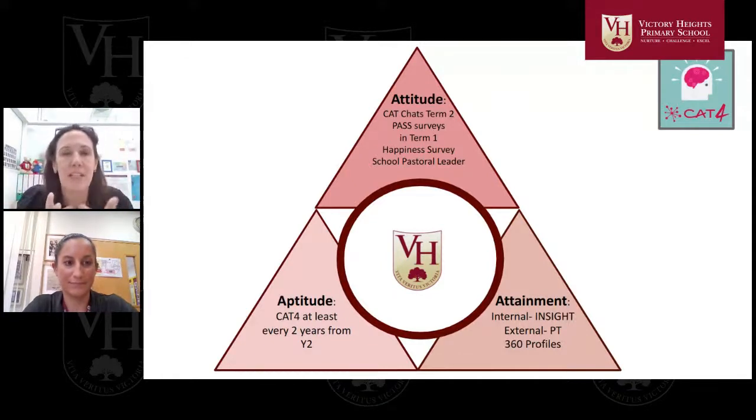Your teacher's continuously looking at how your child is attaining and achieving in the different learning areas. A teacher collects that information and adds it into our school internal assessment system.